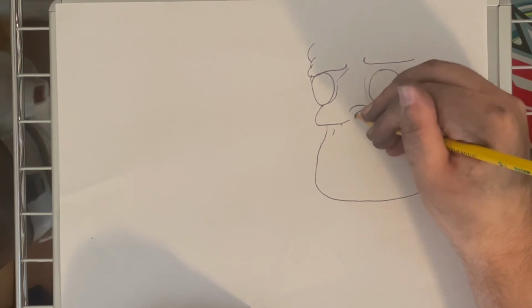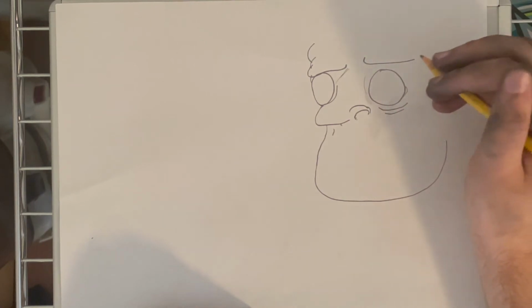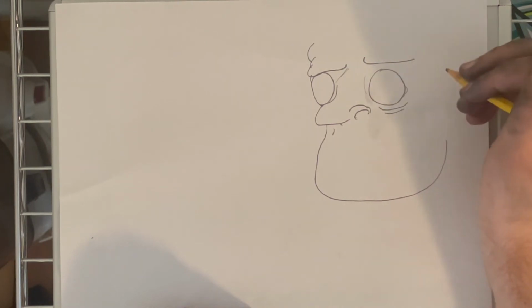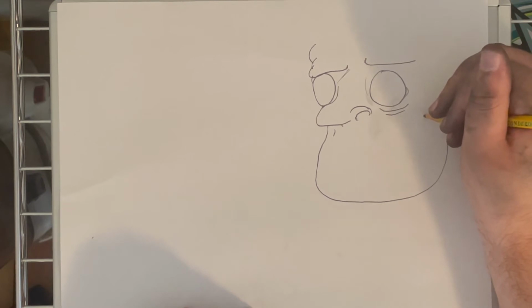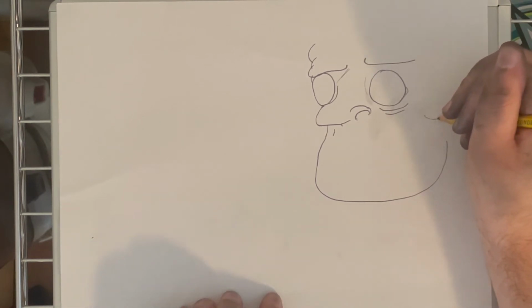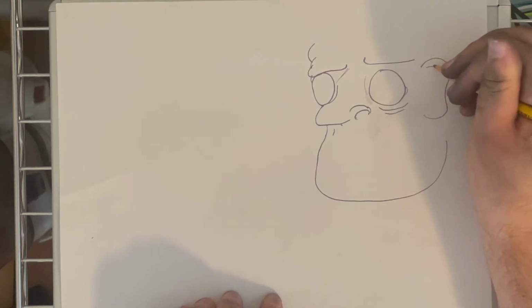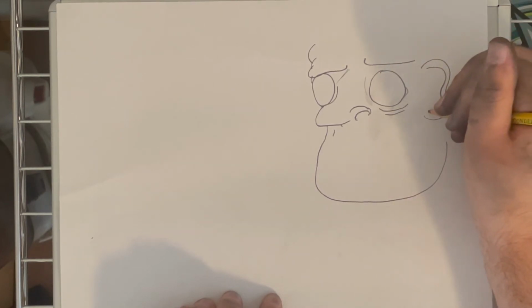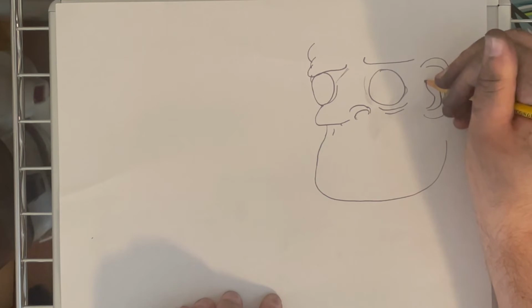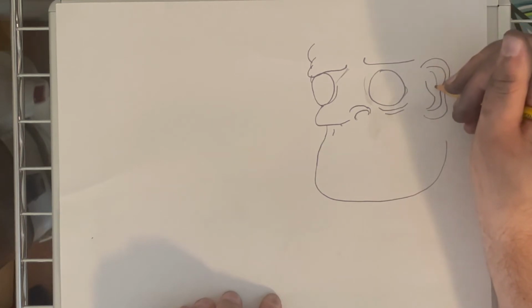And then yeah, just doing some details now, like the little rings around your eyes. Starting on the ear. There's a rule that your ear should be about the size from your eye to your nose, and that basically follows that rule.